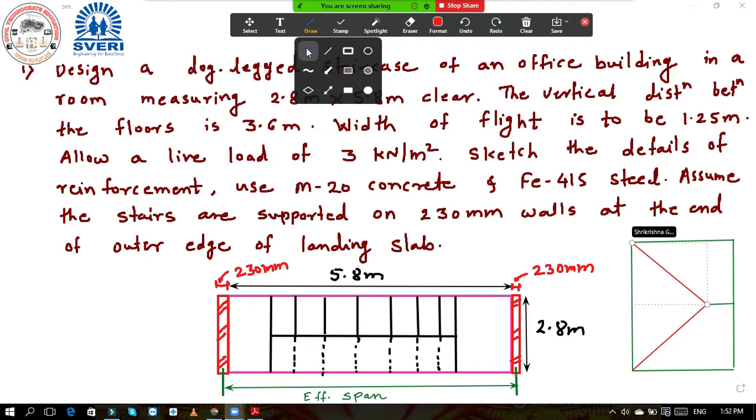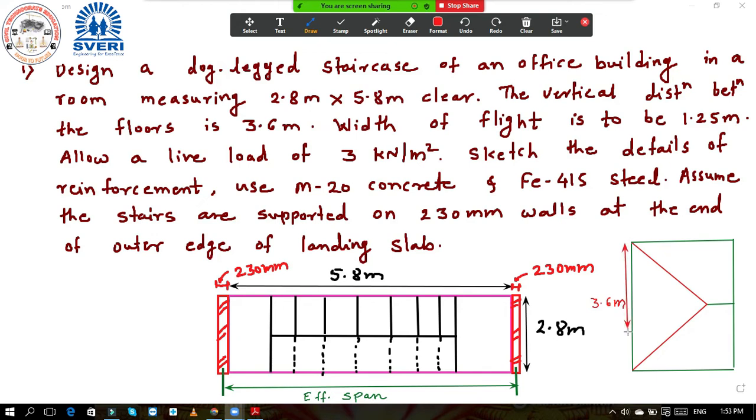So the total distance from this point, if I show it by the arrow, that is the floor to floor height, is given as 3.6 meter.